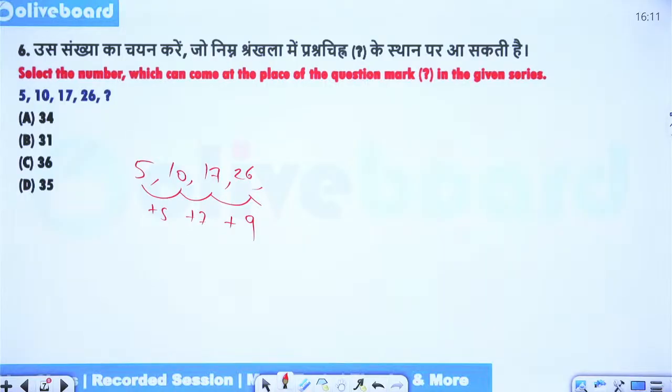Okay, what else can be the logic here? Beep sound. Okay, I'll get it checked. 37 only has to be the correct answer here. I think there is some misprint.